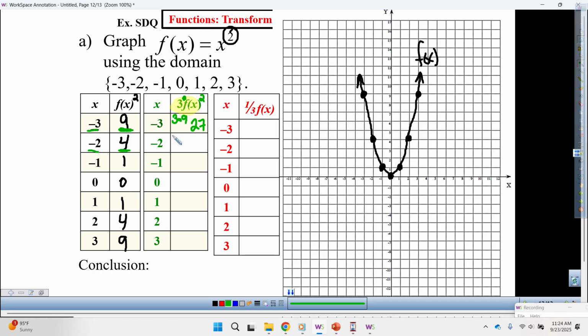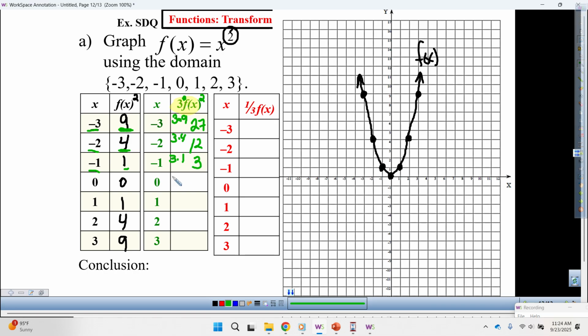So we write 3 times 4, and that is 12. Next one: when x was negative 1, what was f of x squared? Positive 1, so it's 3 times 1, and that is 3.